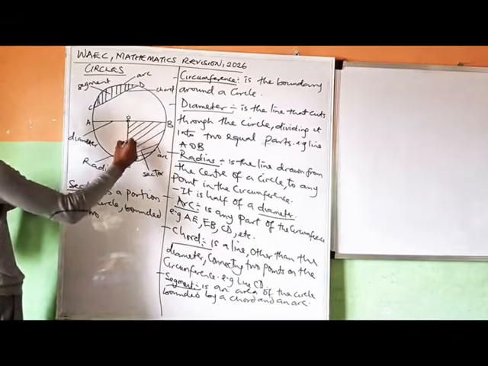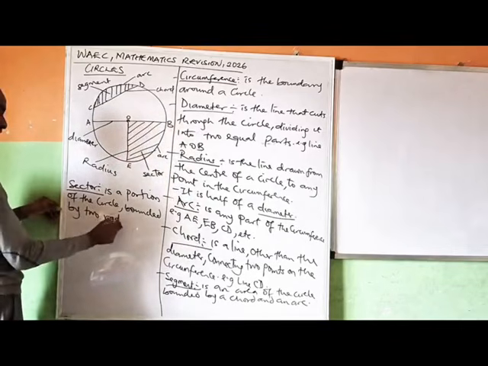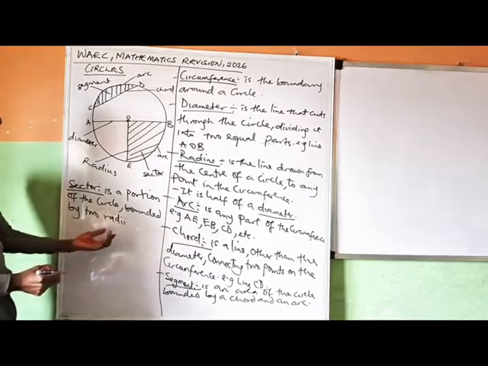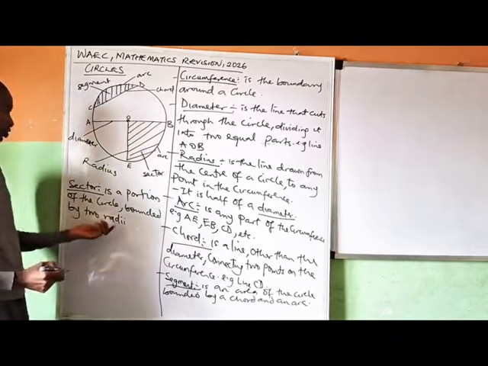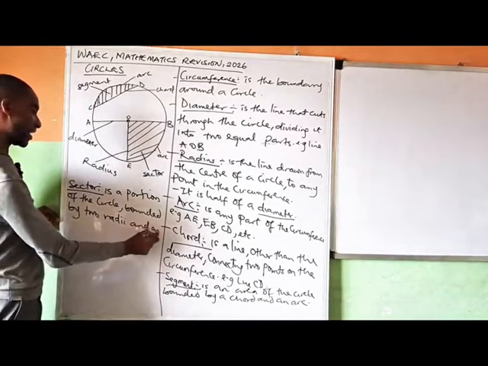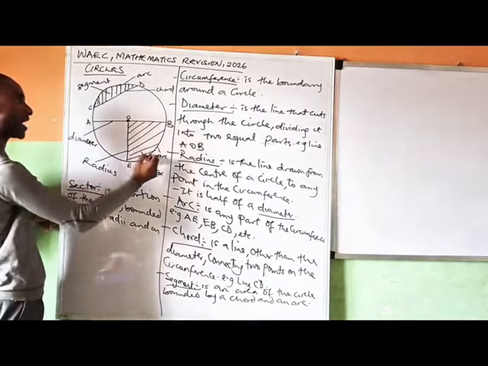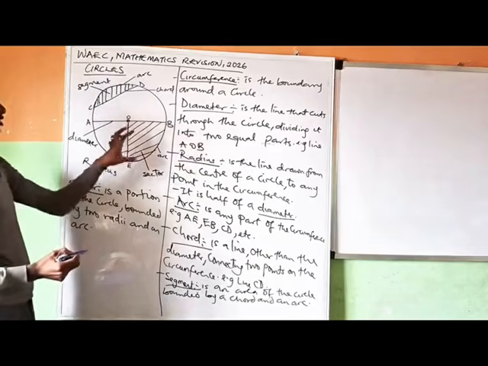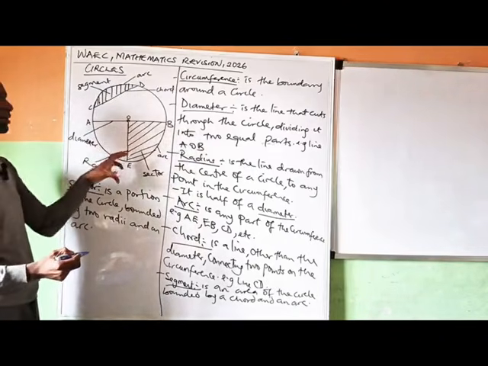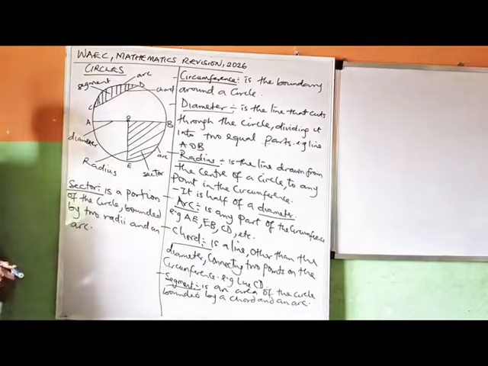So this is a radius. This line is a radius. This line is a radius. Two radii, radii being the plural of radius, and an arc. So look at it. This is a radius. This is an arc. EB is an arc. So this is a sector. A portion of this circle bounded by two radii and an arc is called the sector.